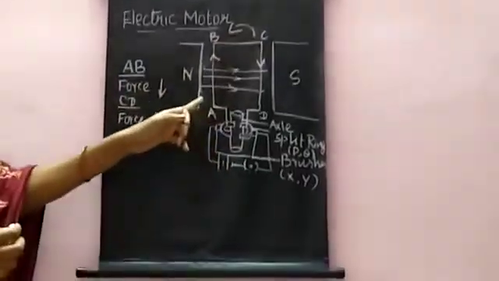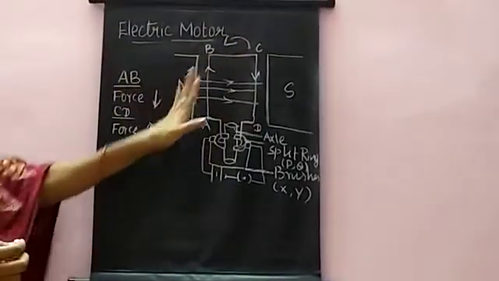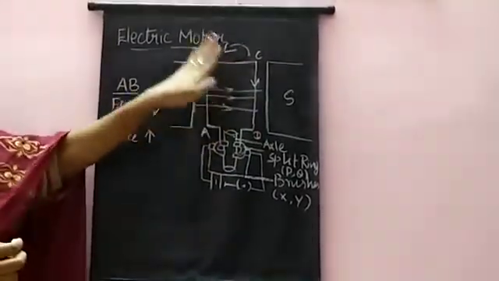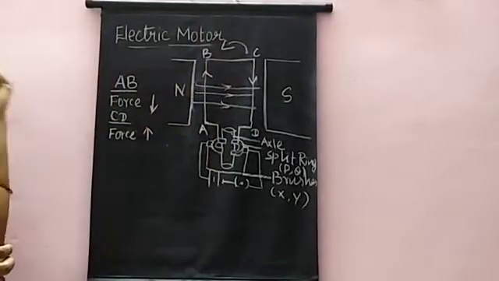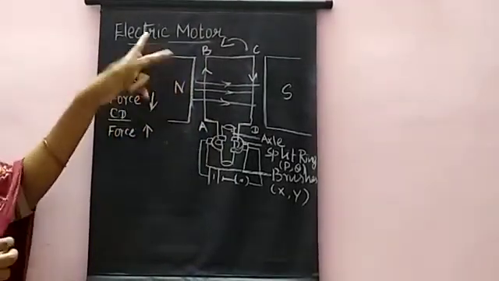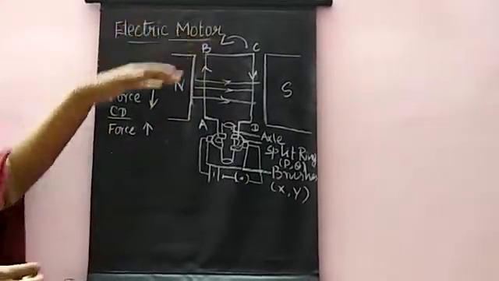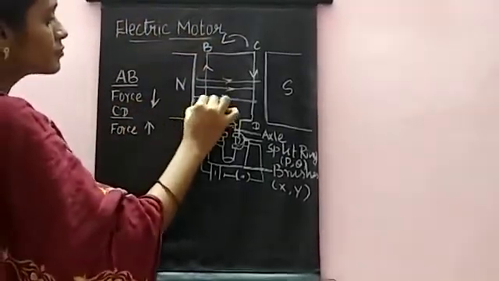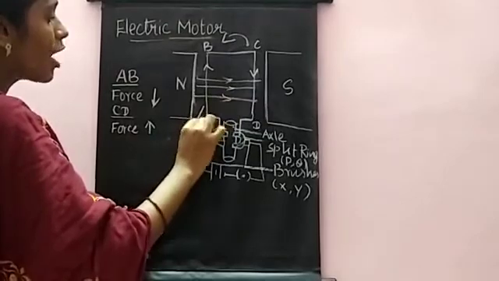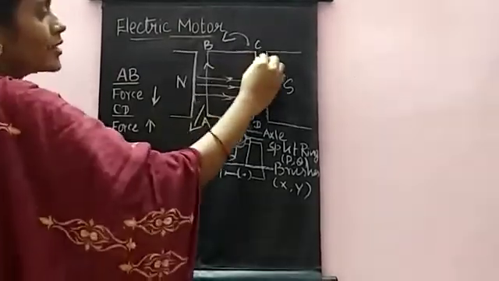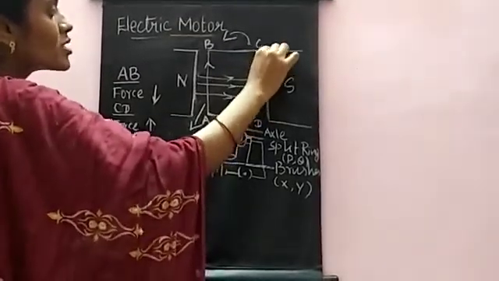If the current flows through ABCD, the coil rotates anti-clockwise, and with the help of Fleming's left hand rule we can find which direction the coil will move. So the arm AB moves downwards and the arm CD moves upwards.